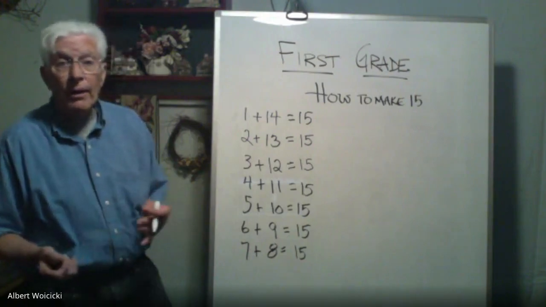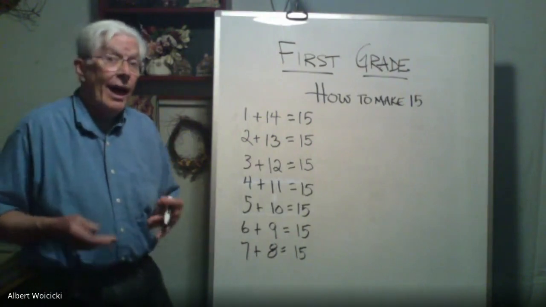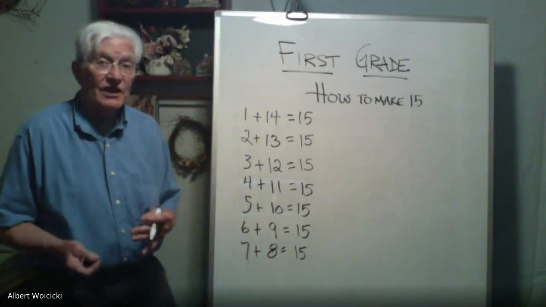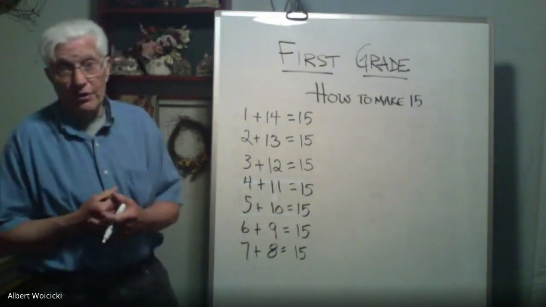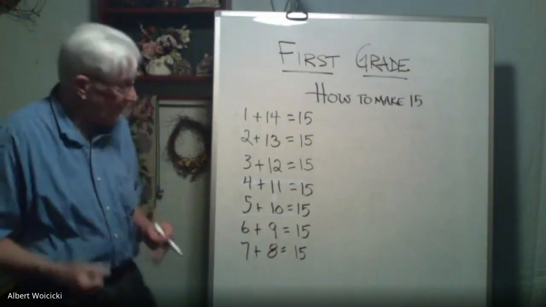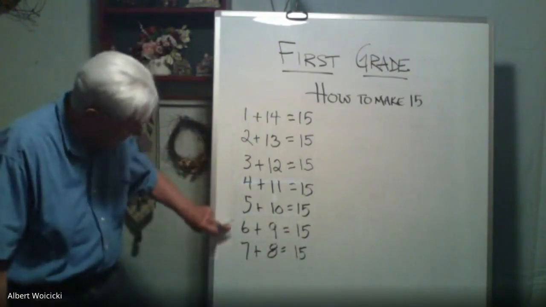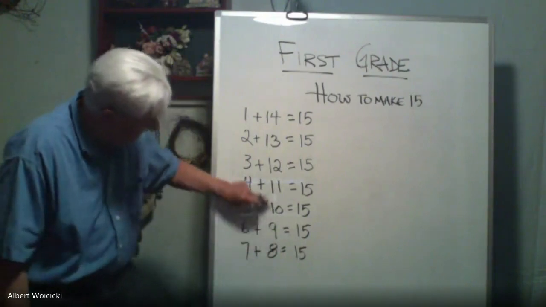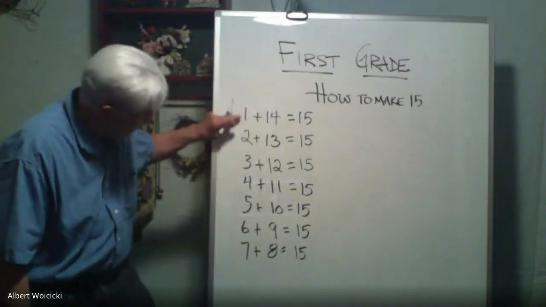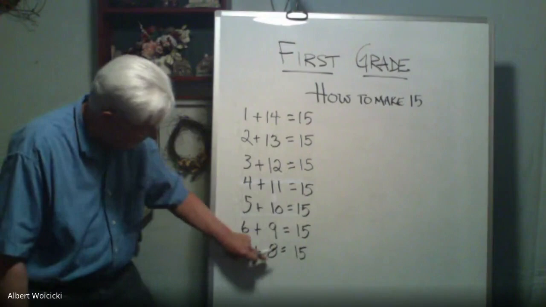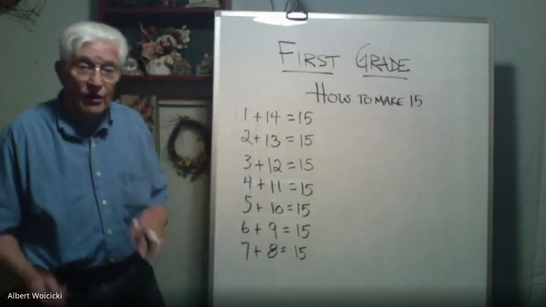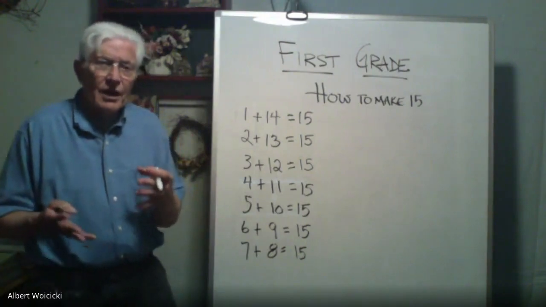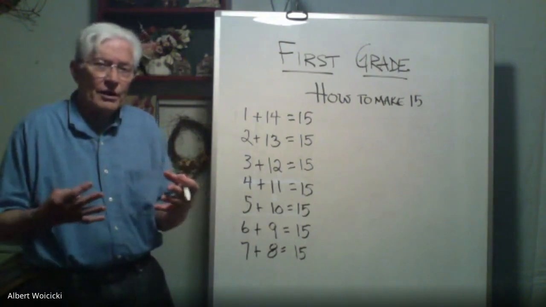Now let's think about how many ways I can make 15 if I've got 3 digits to do it with. Look at how this works. Go down to 7 and back up to 14. See, there's a little bit of a pattern here. The students start to see something in what's going on.